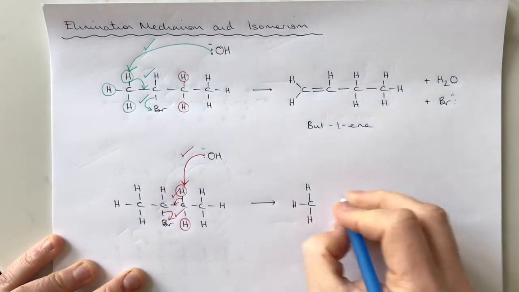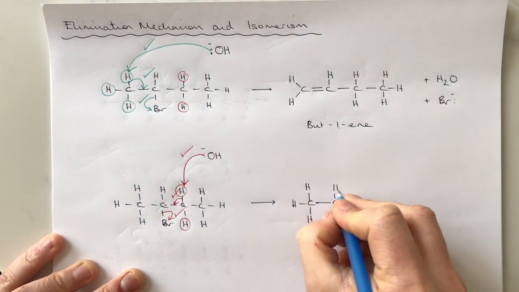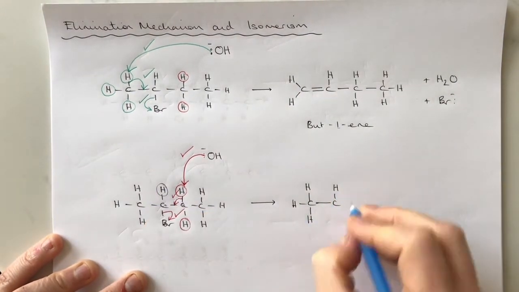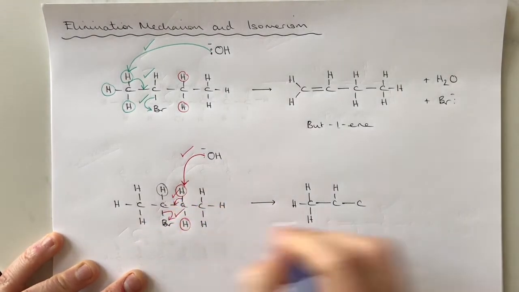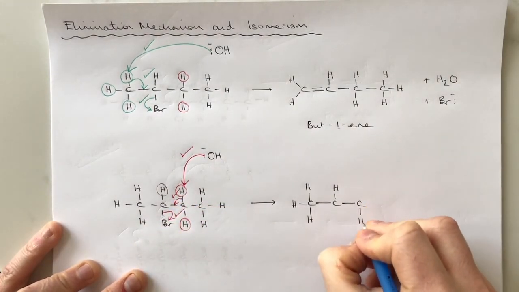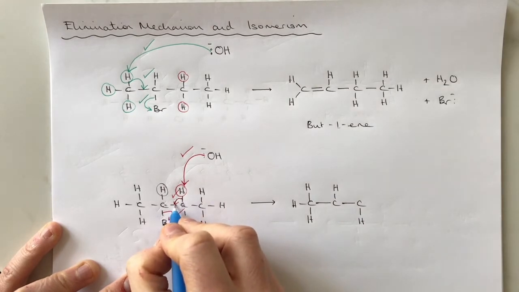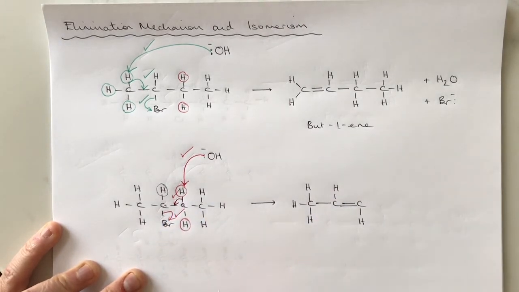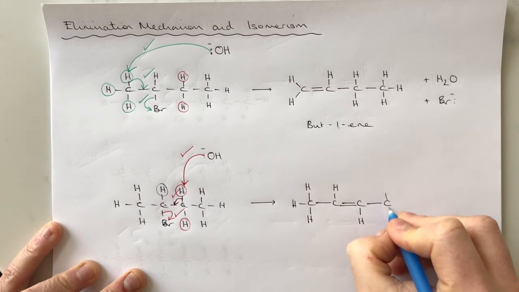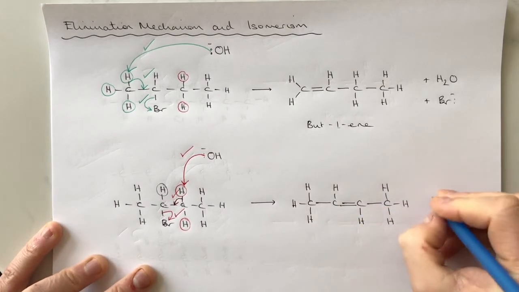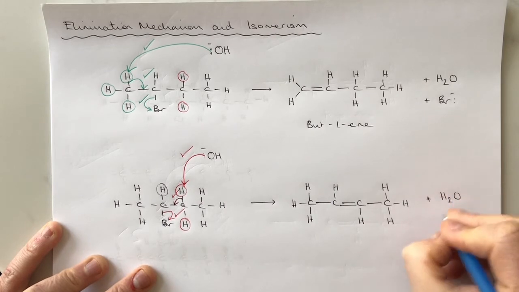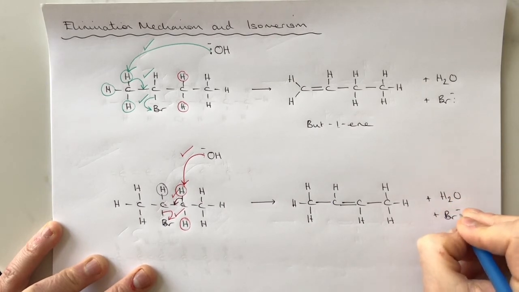Carbon 2 has lost its bromine, but still has this hydrogen. Carbon 3 has lost this hydrogen, but has still got its other one. And remember, we've formed a double bond between the 2 there. And then carbon 4 at the end still has all 3 of its hydrogens attached. Plus H2O plus Br minus.